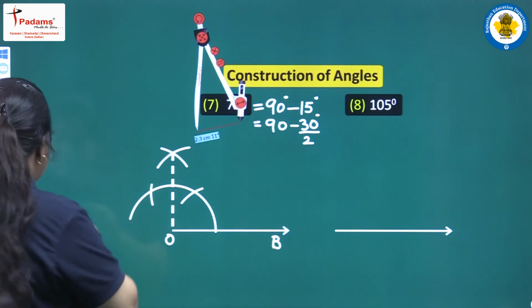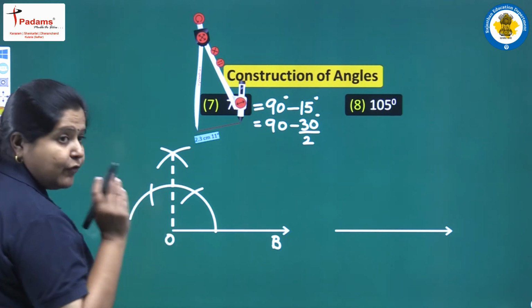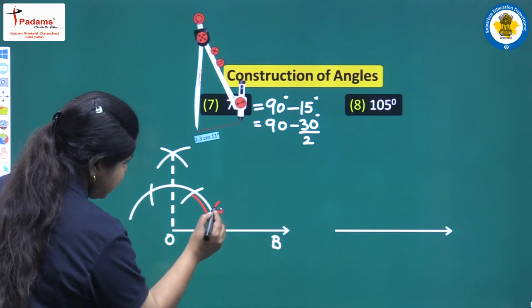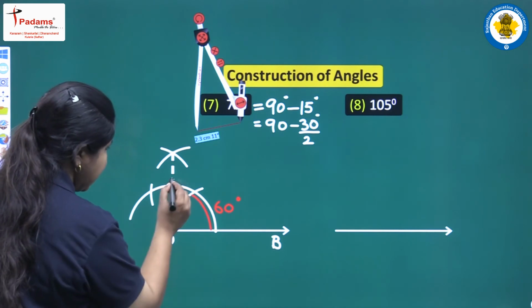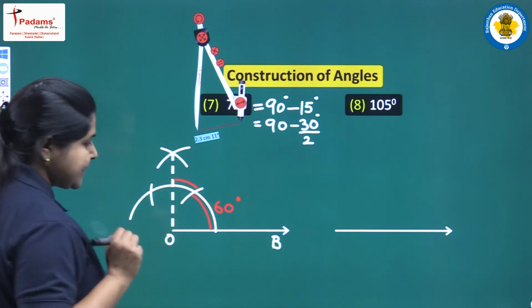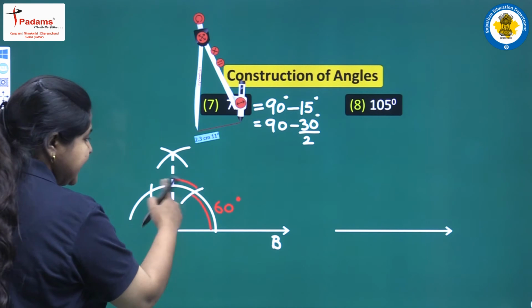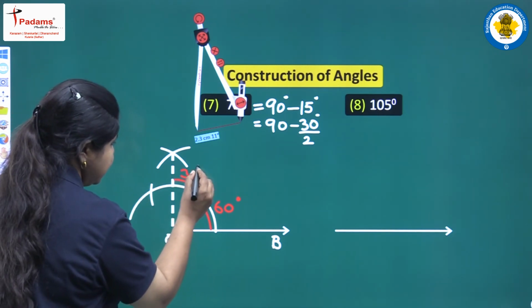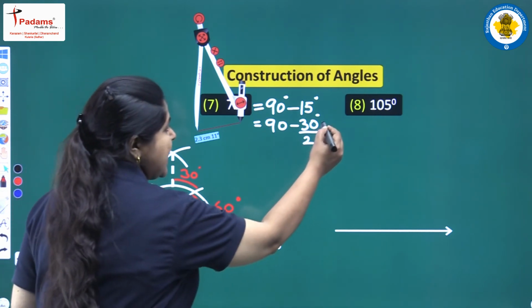Just now let us understand how many angles and of what measure do we have. This angle is of 60 degree, you can see, and this angle, how much does it measure? This completely was 60 and this is half of 60, this is 30 degree. Now what I need is half of 30.